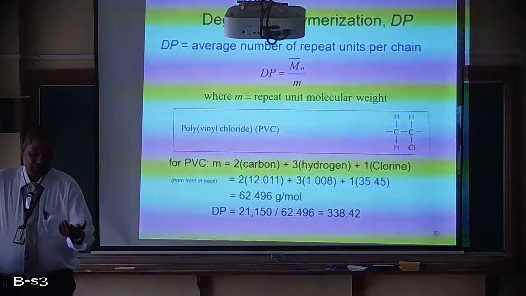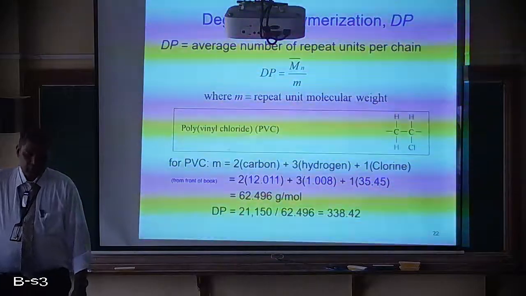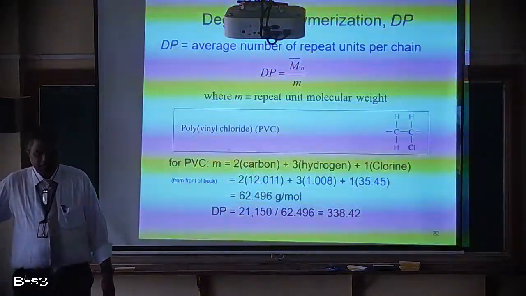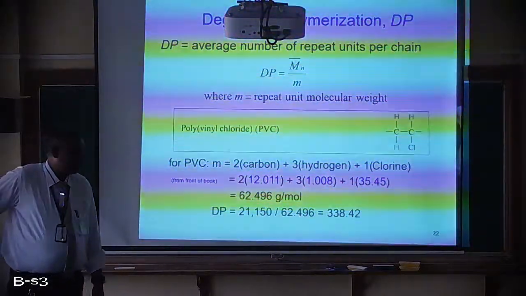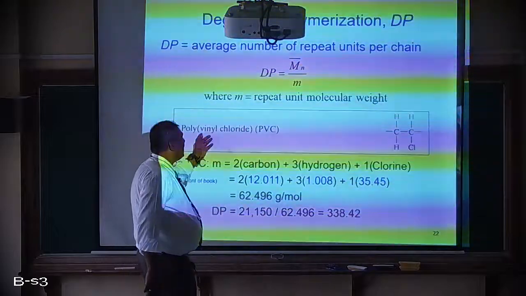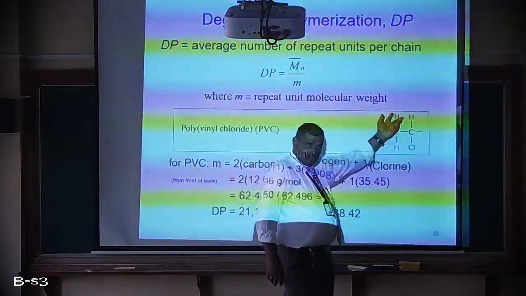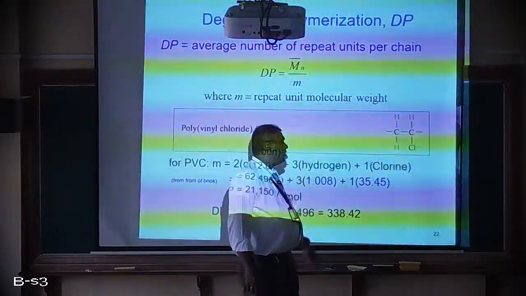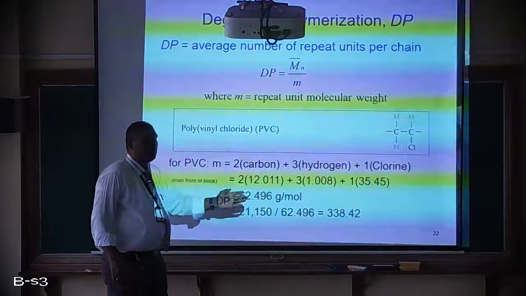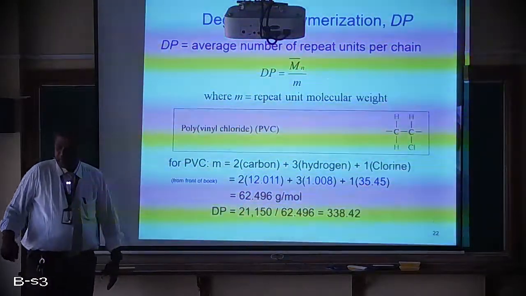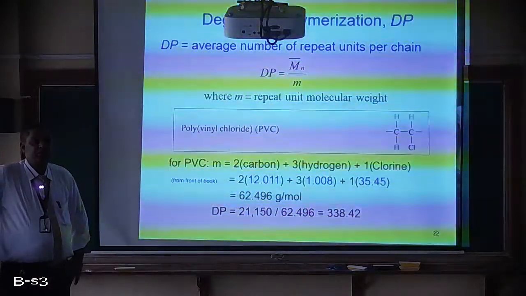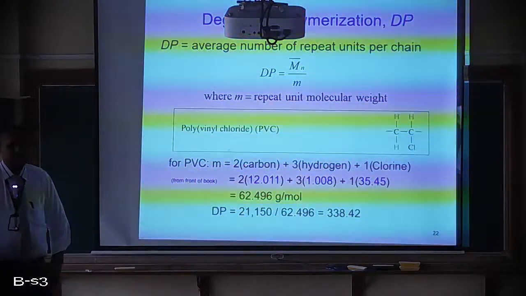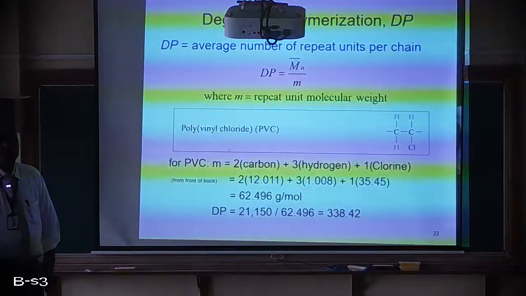Similarly, you can take polyethylene, polypropylene, polystyrene, nylon, like that. The only thing you need to change is the material. Accordingly, you need to change the chemical structure. According to the structure, you take how many atoms are there. Okay, so this is how you calculate the degree of polymerization.